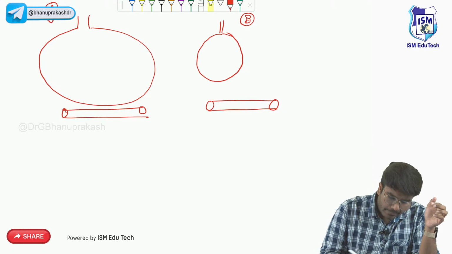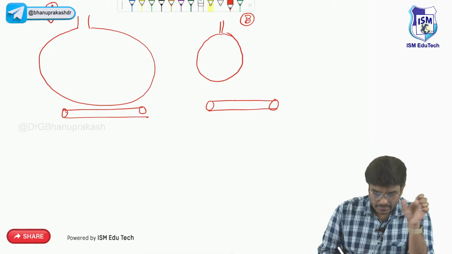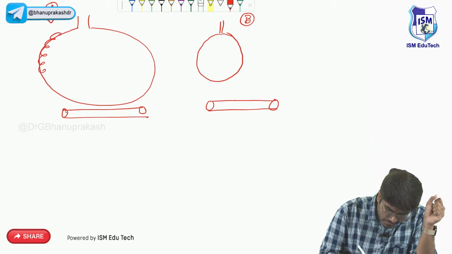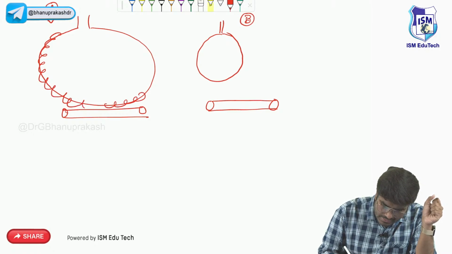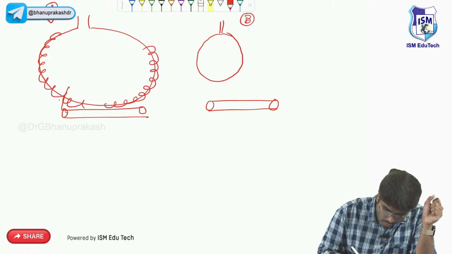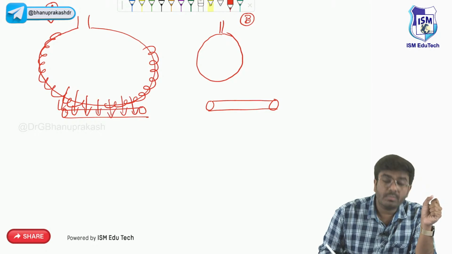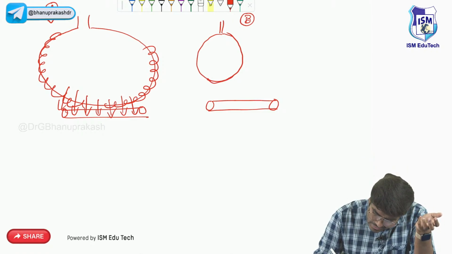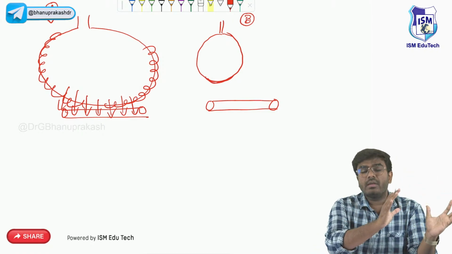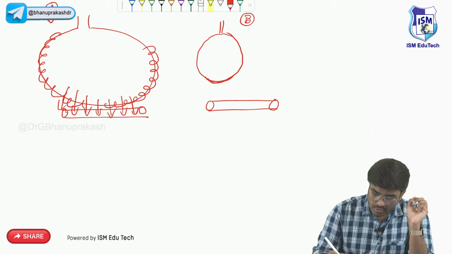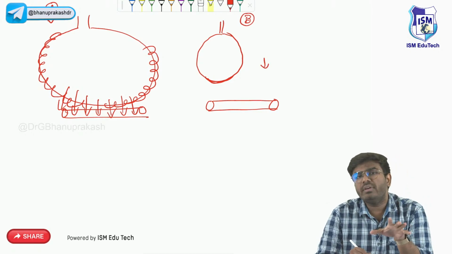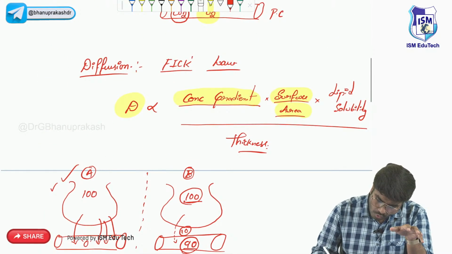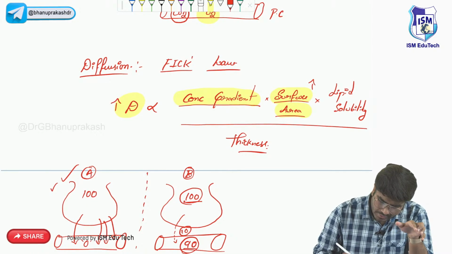In alveolus A, there is more surface area. As there is more surface area, there is more possibility for the diffusion to happen. In case B, there is very less surface area compared to A, so automatically diffusion here will decrease. So if the surface area is more, the diffusion will be more.